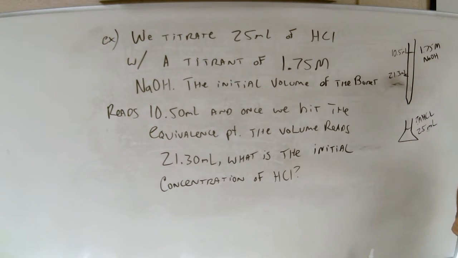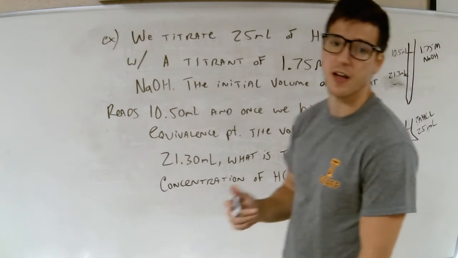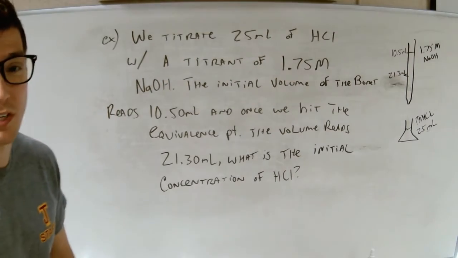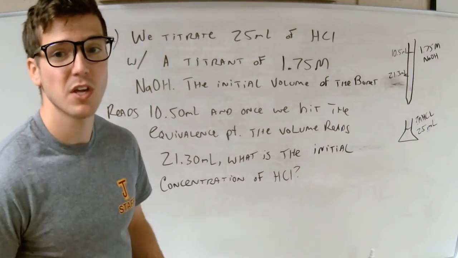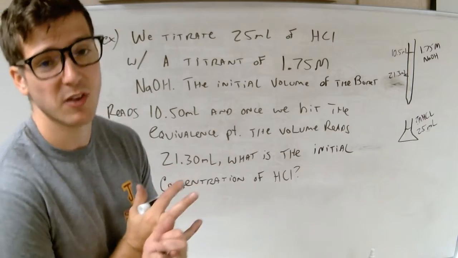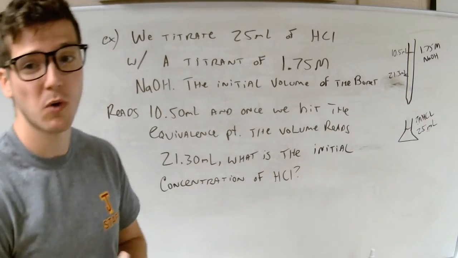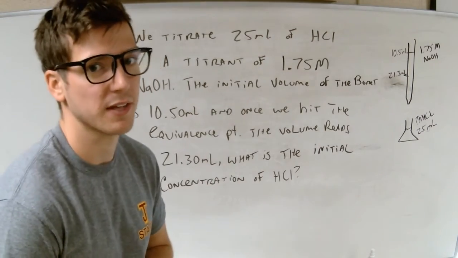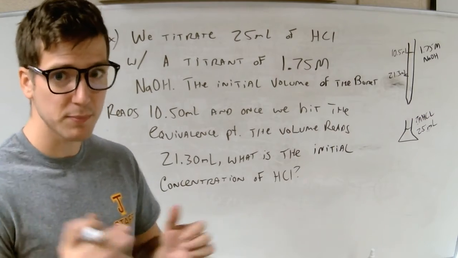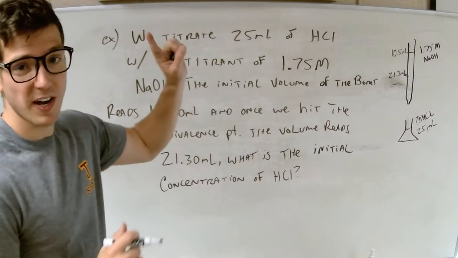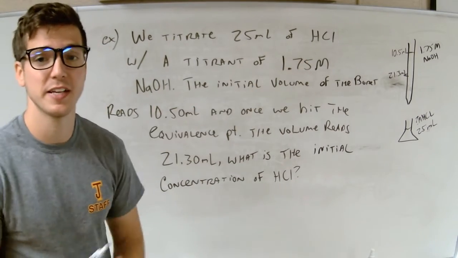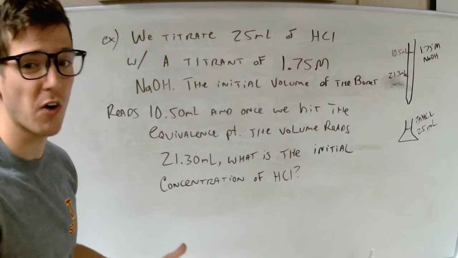All right? So all we're doing is figuring out how many moles of NaOH we used. If we could figure out how many moles of NaOH we used, we could figure out how many moles of HCl we had, because at the equivalence point they equal, and then we could figure out the concentration of HCl. Okay, so here we go. I need to figure out moles of NaOH, I know molarity, and then I just got to figure out that total volume used.